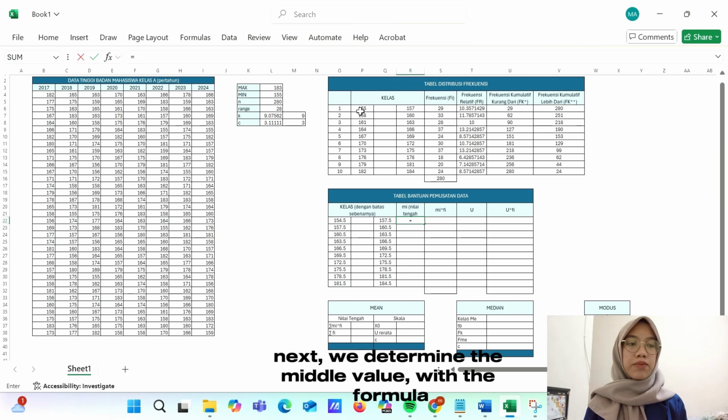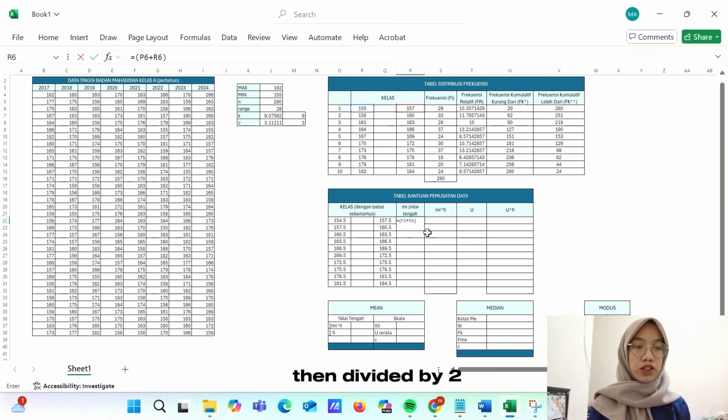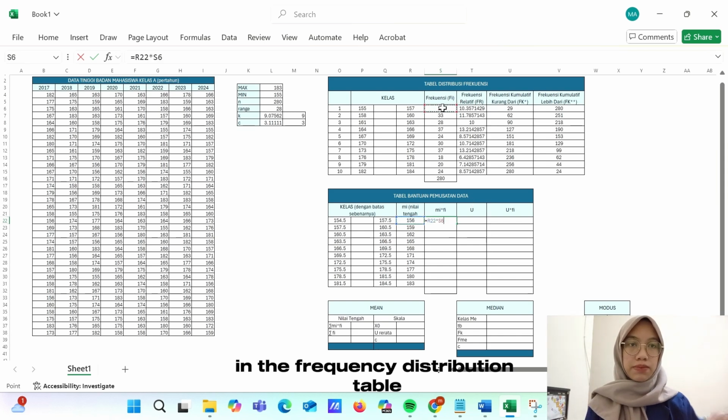Next, we determine the middle value mi with the formula adding the lower edge and upper edge, then dividing by 2. In finding the value of mi multiplied by v, we only need to multiply the value of mi by v in the frequency distribution table.